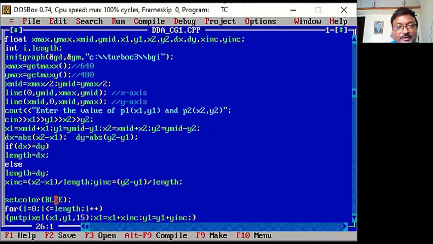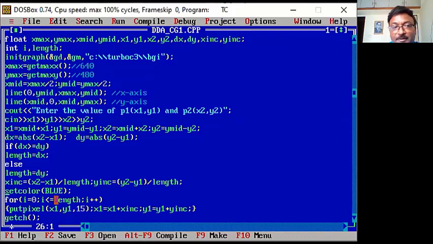So here the set color is not applicable for this put pixel. In a put pixel, you have to consider this should be blue. Suppose you have considered this is blue, then only you are going to be able to draw a blue color line.